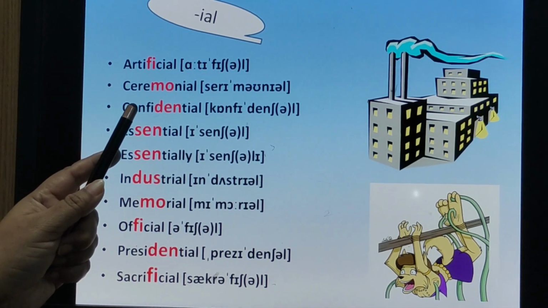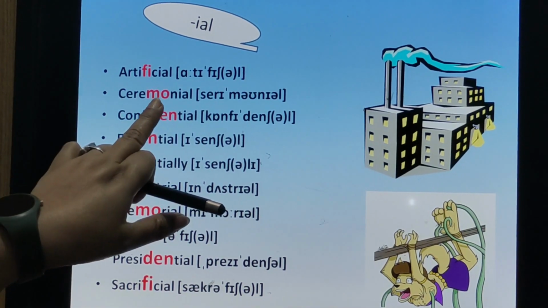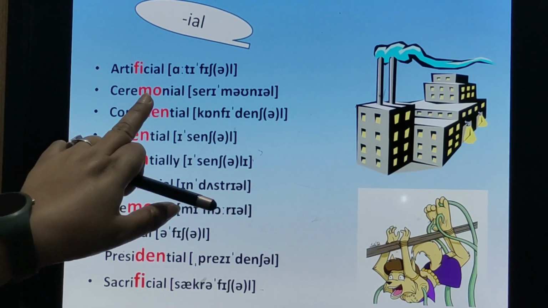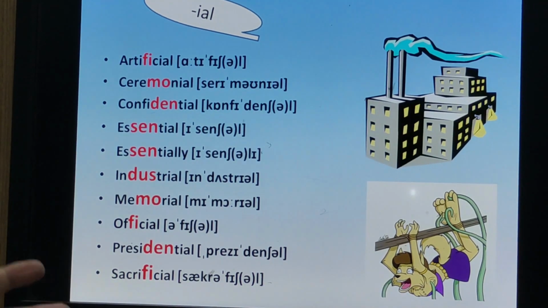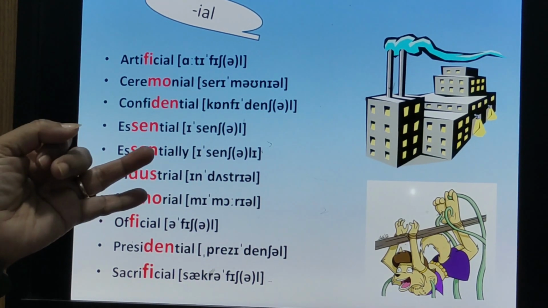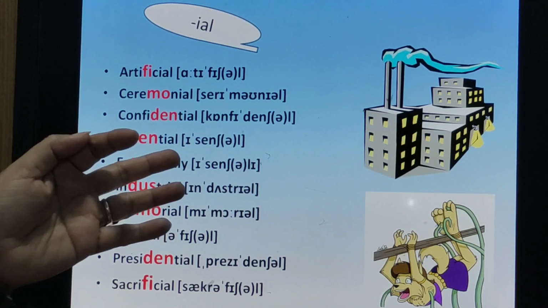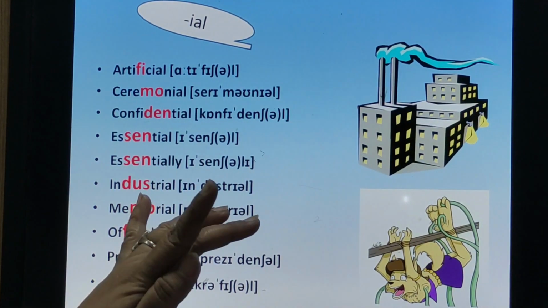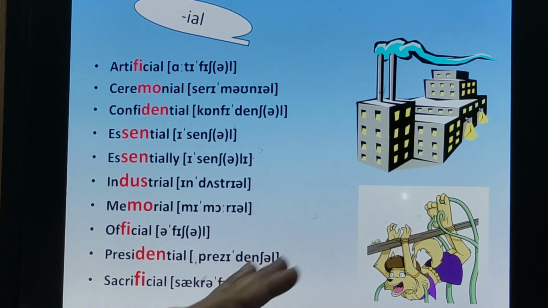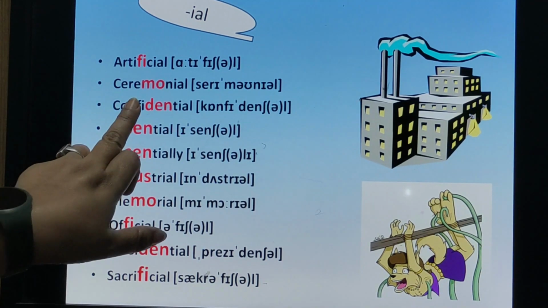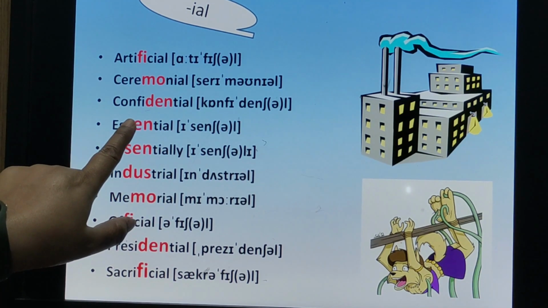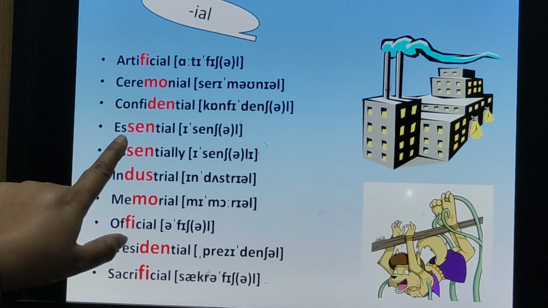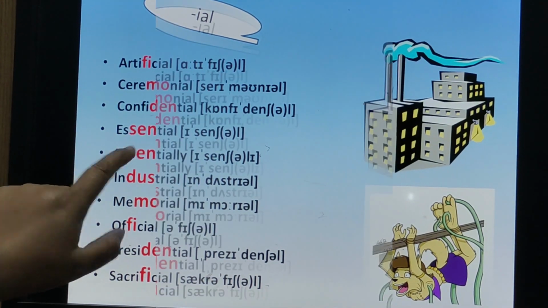ceremonial. Now you might think, how come it seems like ceremonial? But if you look at how we pronounce it, it's ceremonial. New is just 1 syllable, new, not ni-el. So we say ceremonial, confidential, essential.